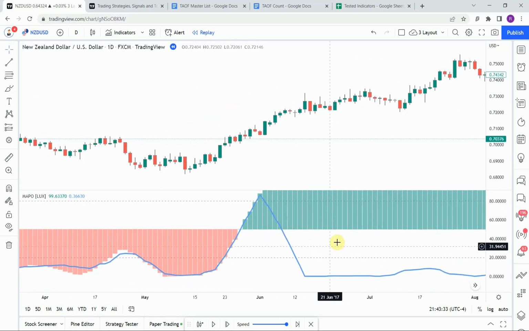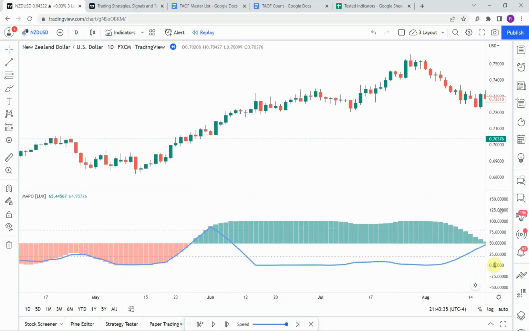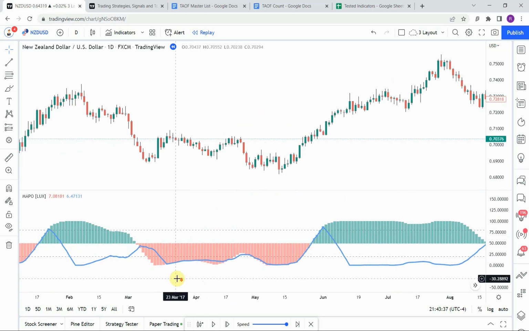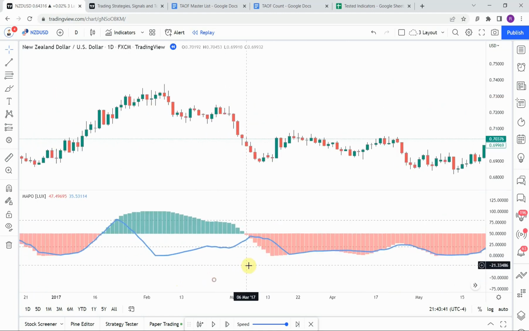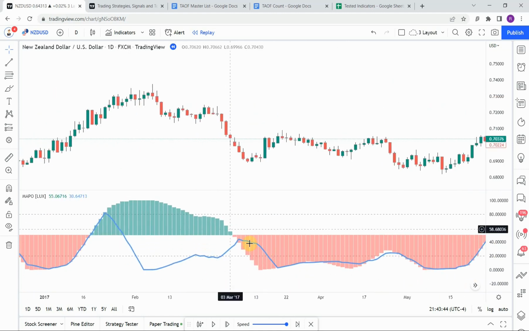And so I hope that makes sense. I may have explained it way more difficult than it needed to be. Let's look at a couple examples real quick. So you see that we get the break to the downside here with the red bars, and you can see that the blue line is below the 0 line, or the 50 line, basically that center point.